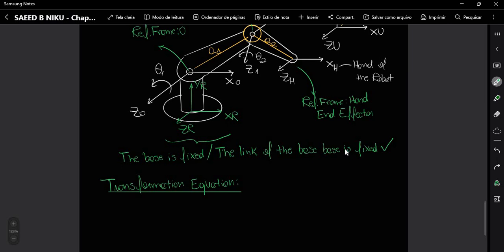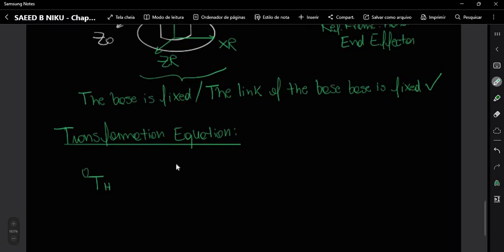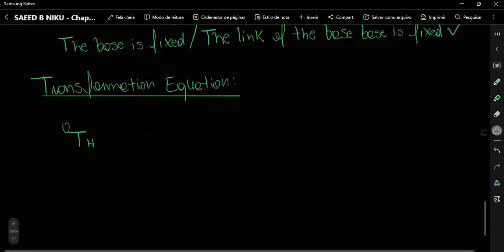So we start from the frame 0, which does have motion. So what we can write is a transformation of the frame H in relation to the frame 0, a transformation of the hand of the robot in relation to the frame 0. And this is the total transformation.